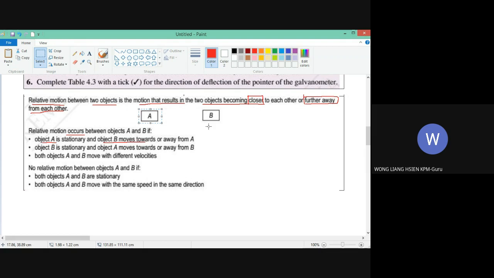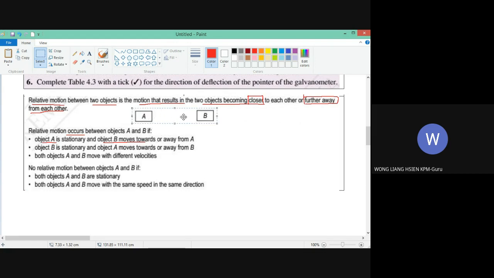You can imagine A and B moving together to the right, both moving together, but A is faster.